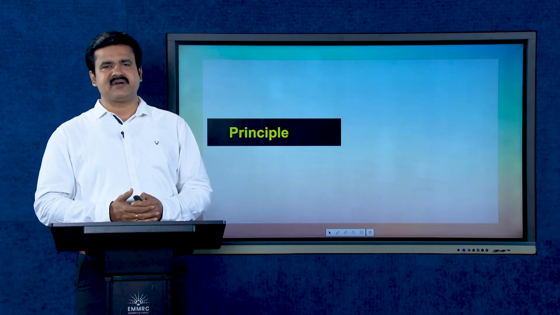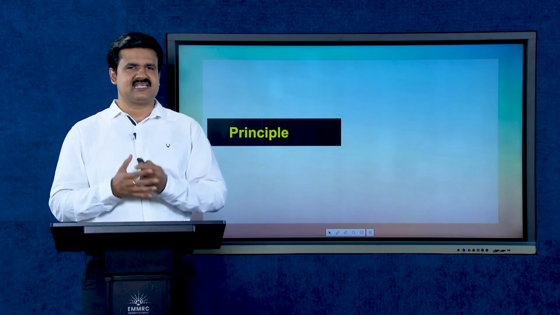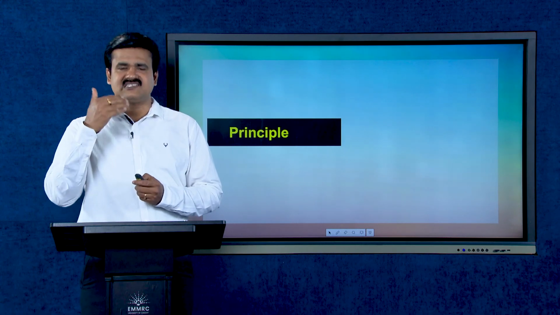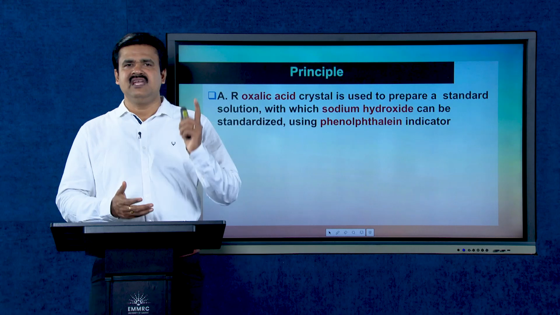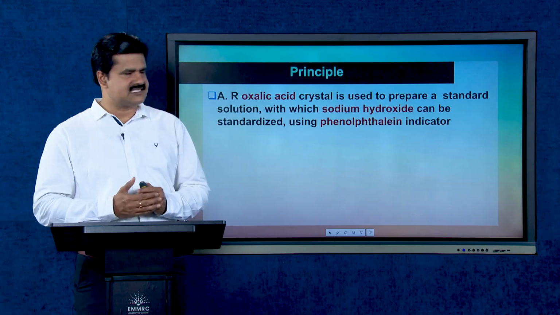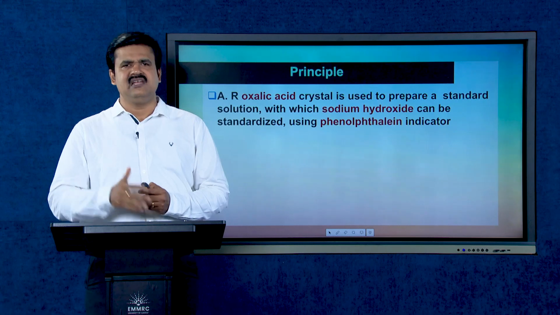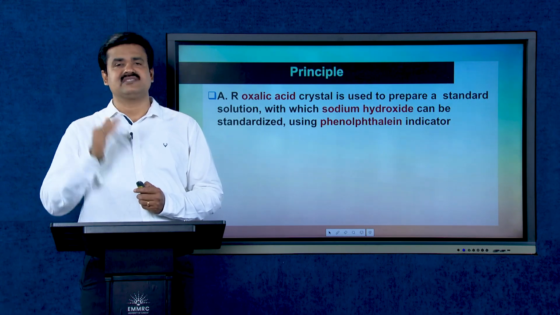Now, the principle behind the experiment, that is, the principle behind the estimation of acetic acid content in vinegar. AR oxalic acid crystals are used to prepare a standard solution. A standard solution means a solution with exactly known concentration.